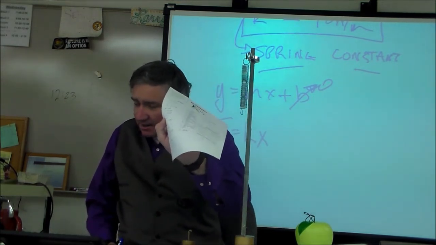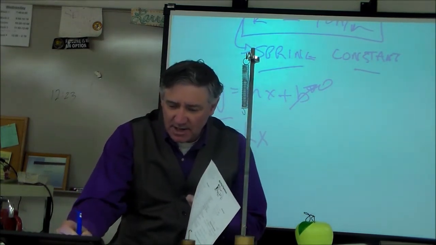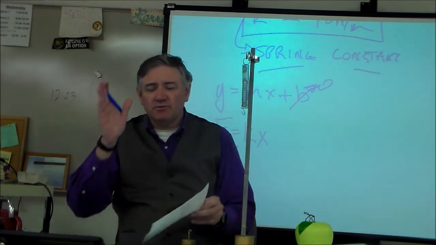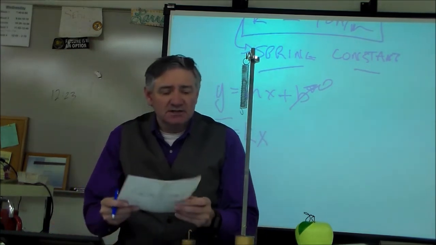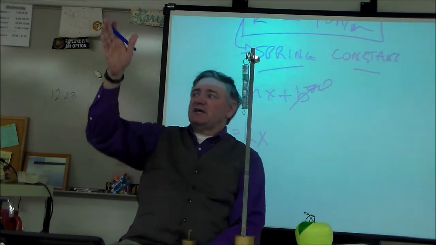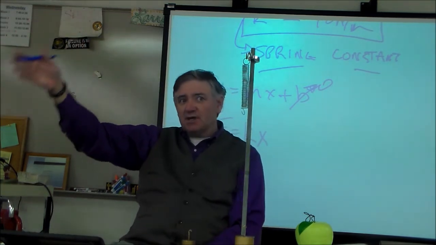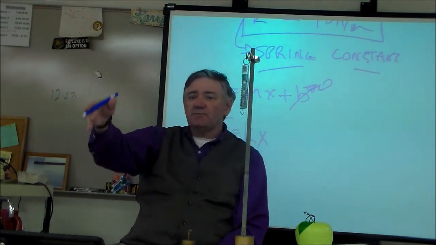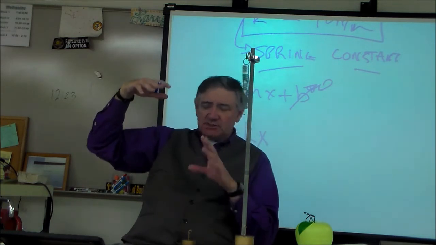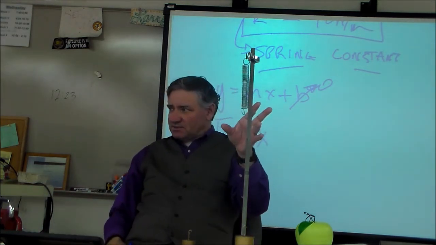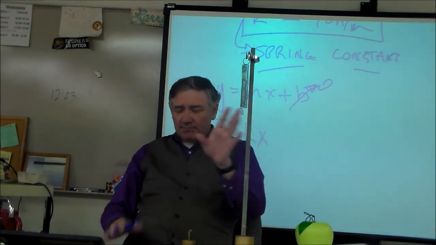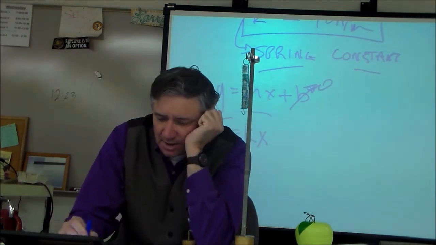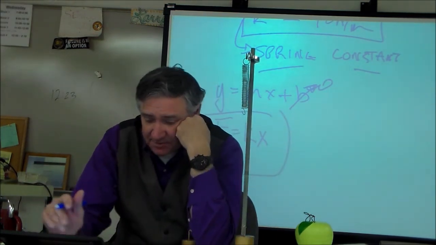It's about halfway down. It says F_sp equals F equals kx. So this is the force that it takes to stretch a spring. K is the slope, x is how far it stretches, F is how much force it takes to make that happen. Okay? So F equals kx. That's the slope of the line.